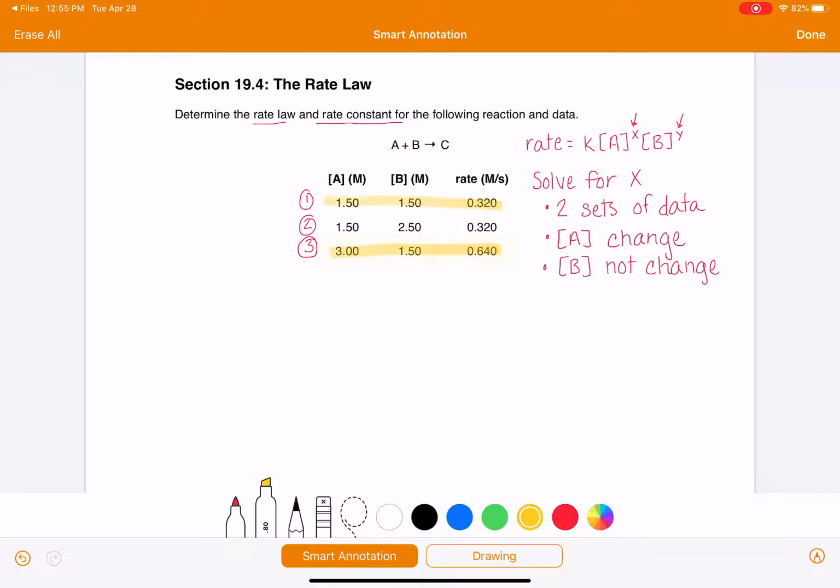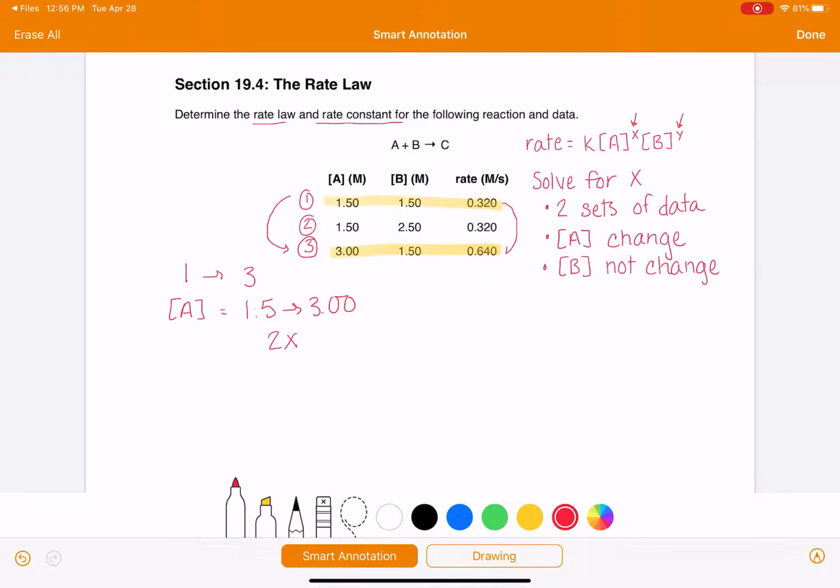Can we determine easily how this works? If we compare from reaction number 1 to reaction number 3, the concentration of A is doubled from 1.5 to 3, so we're multiplying it by 2.